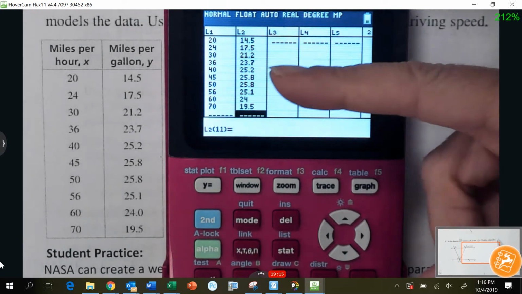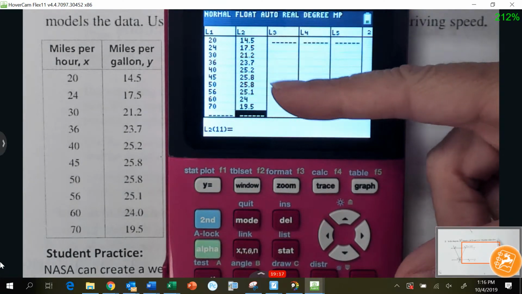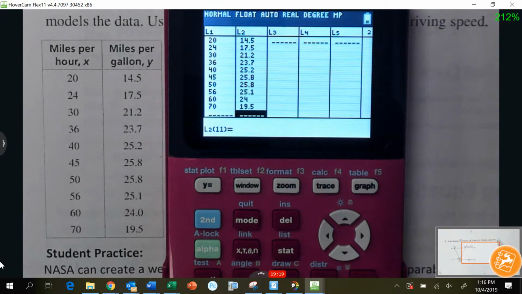When you're done, you should have the same amount of values in the x column and the y column, just in case you missed one.